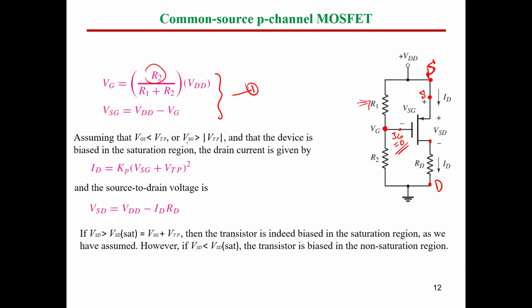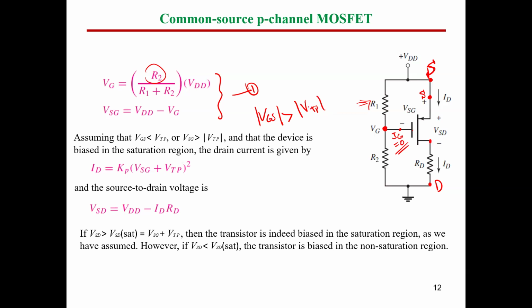So VSG as a number, whatever the sign, or let's say in general, VGS absolute value is greater than VTP absolute value.